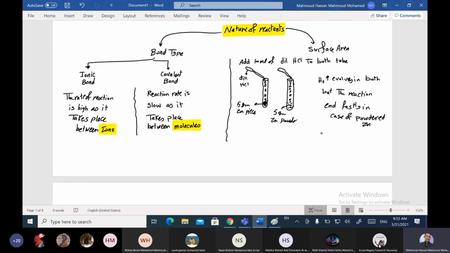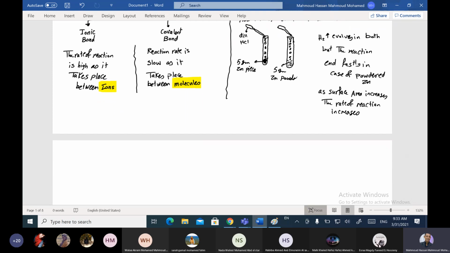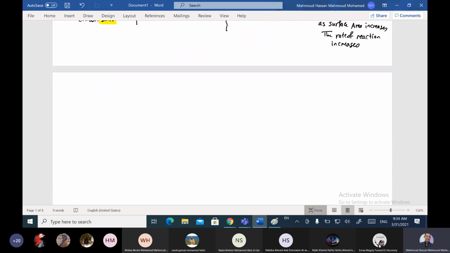As the surface area increases, the rate of the reaction increases. Okay, so this explains the effect of the surface area on the rate of the chemical reaction.